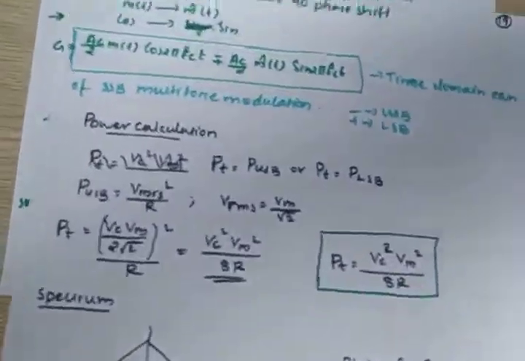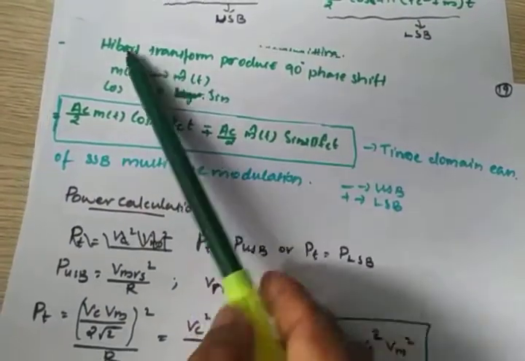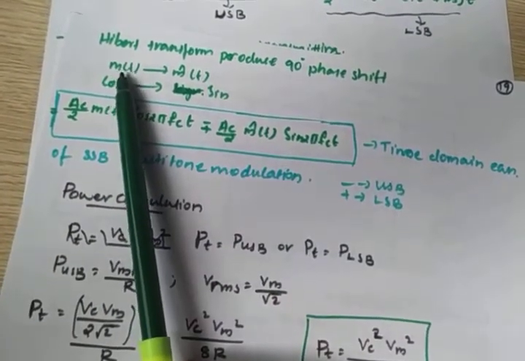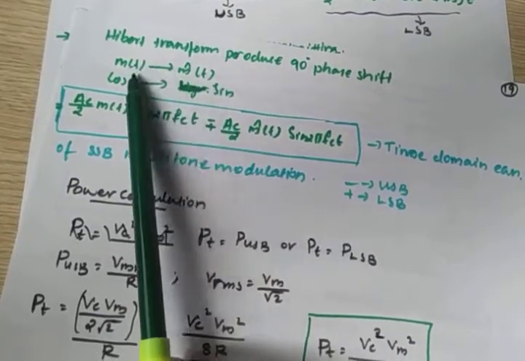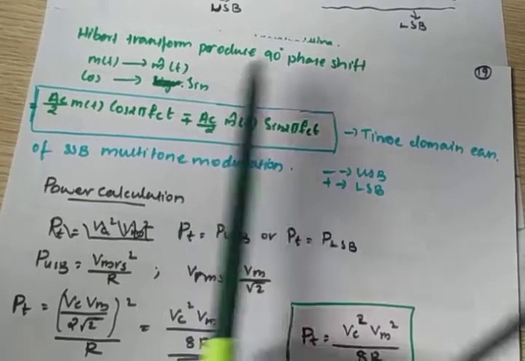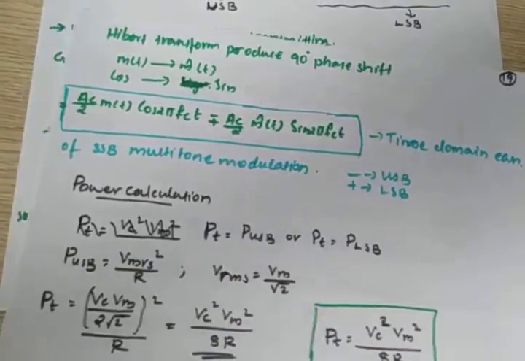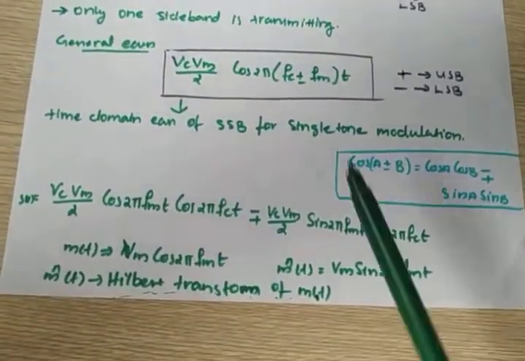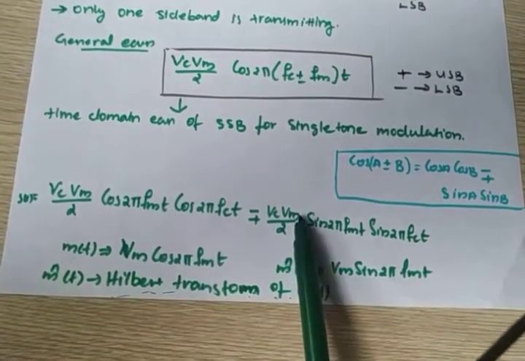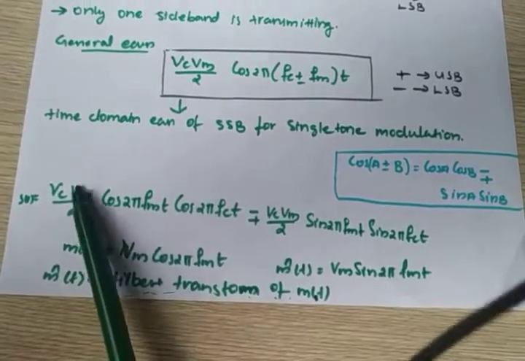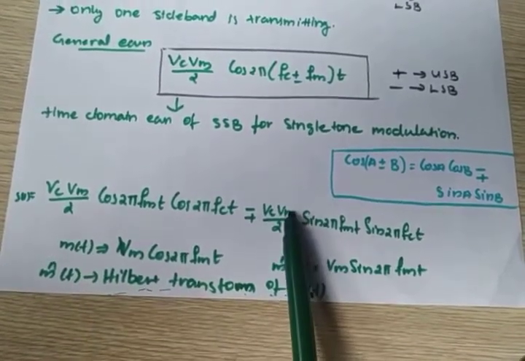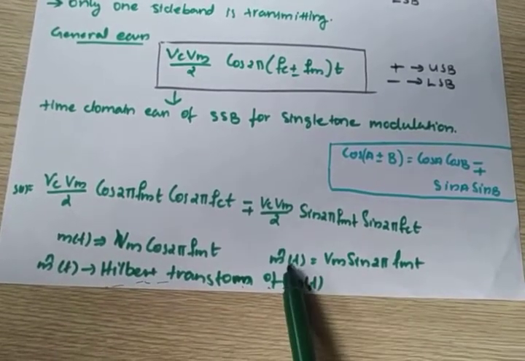Listen, Hilbert transform produces a 90-degree phase shift. Taking the Hilbert transform of m of t, you will get m cap of t. That means cos becomes sin in the Hilbert transform. So if we choose Vm cos 2 pi Fm t as m of t, then Vm sin 2 pi Fm t is taken as m cap of t.